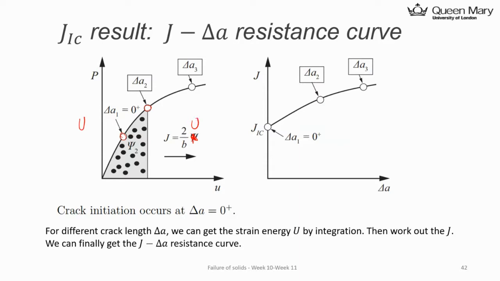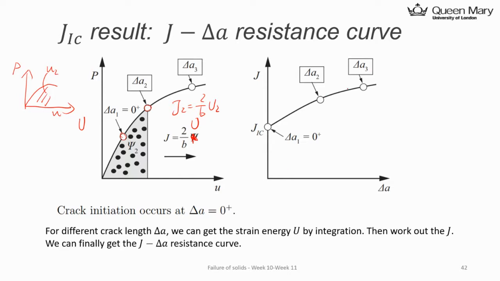So at each crack extension, you get a J. For example, for this point, J2 is from U2. U2 is from that integration, which gives you the U2 at crack extension of delta a2.